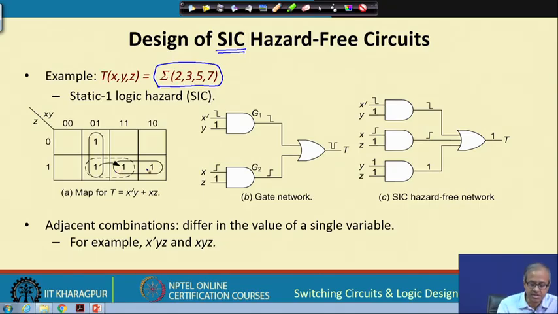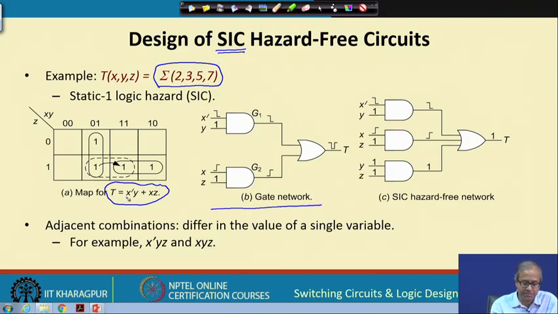This is 2, this is 3, 5 is this, and this is 7. Now suppose I minimize this function like this, the 2 cubes are shown by solid lines and the minimized form of the expression is this.